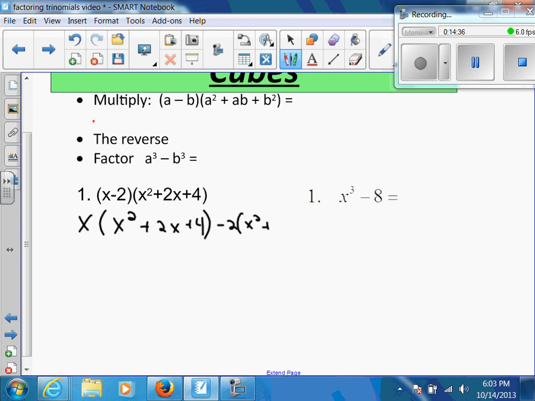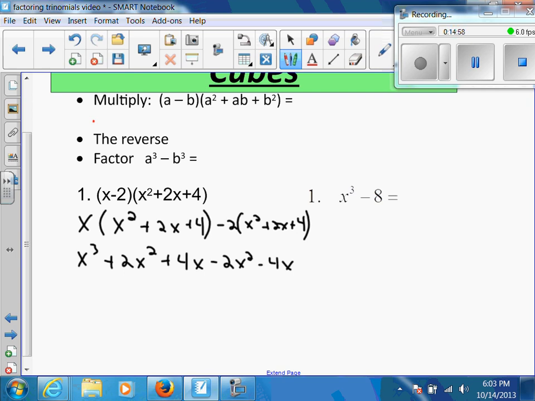X times x squared is x cubed. X times 2x is 2x squared. X times 4 is plus 4x. Negative 2 times x squared, negative 2x squared. Negative 2 times 2x, negative 4x. And negative 2 times positive 4 is negative 8.